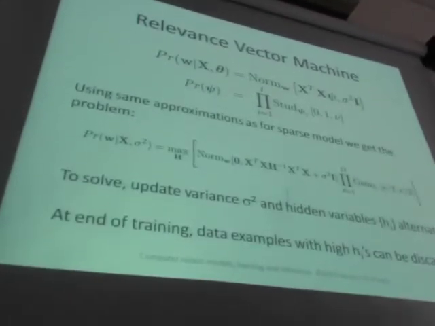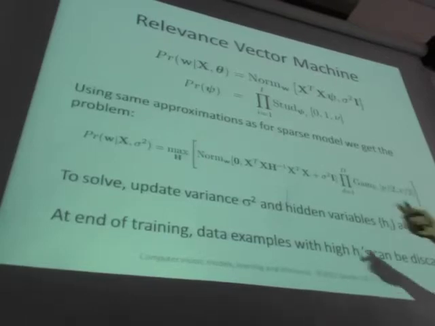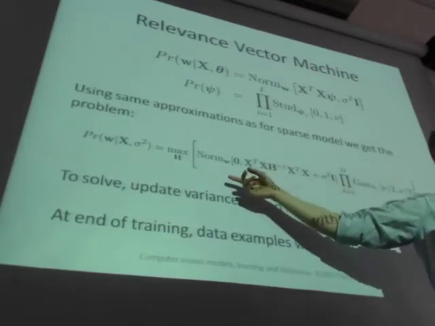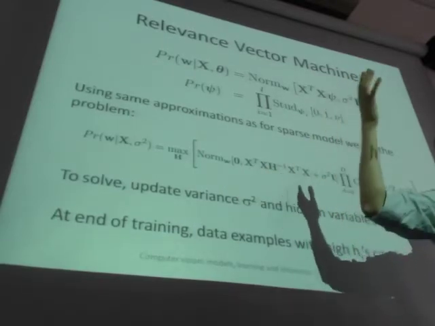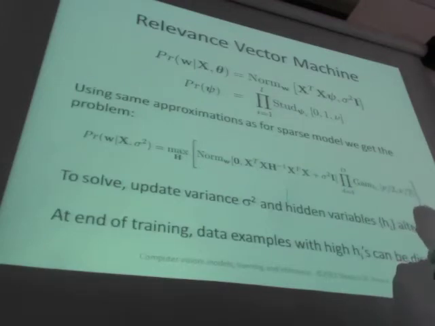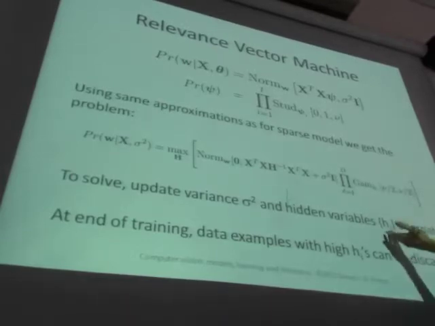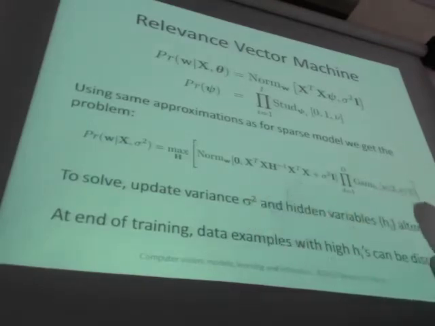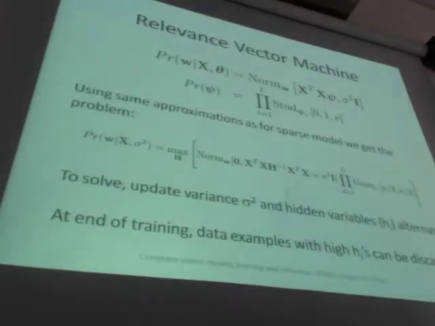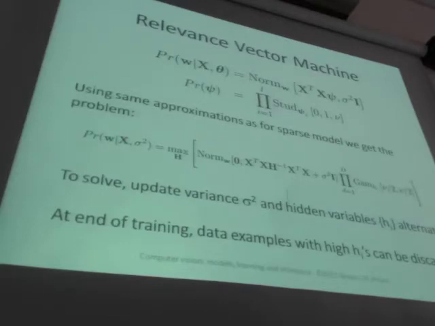And so we have this potential problem that we need to update our variances and our hidden variables, because our student t distribution, remember, is this version of Gaussians where we have lots of Gaussians all at the same mean, but with multiple different variances. So we have, again, hidden variables and our parameters, and so we can iterate back and forth EM style to optimize this to do a maximum likelihood solution, for example.